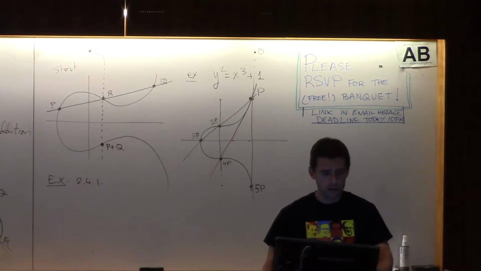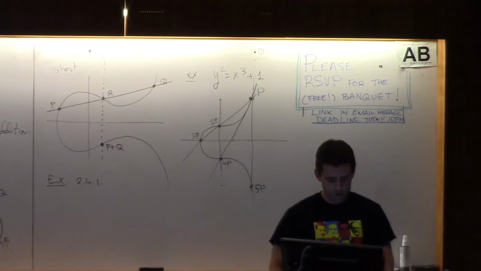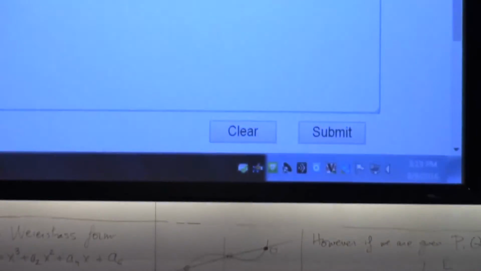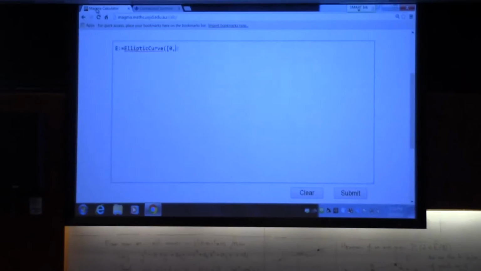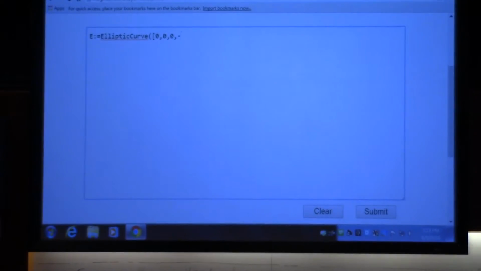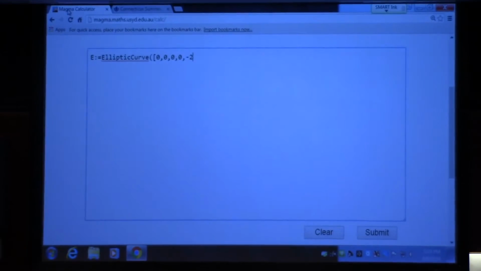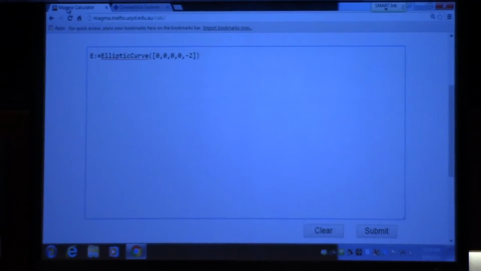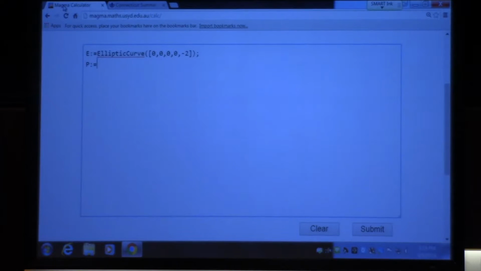If you've never done addition on elliptic curves, then you can use a package just to see more what happens. So I'm doing the elliptic curve y squared equals x cubed minus 2, and that elliptic curve has a point which is that, what is it? 27 minus 2 is 25.